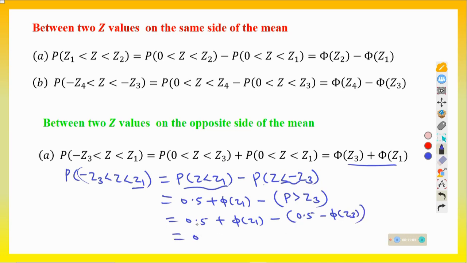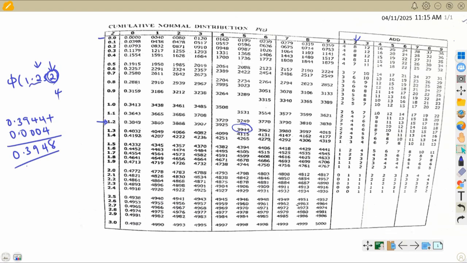Because this is 0.5 minus 0.5, the 0.5 will go away, so you remain with the table reading of z1, minus minus will be plus, the table reading of z3. So clearly you can see that is the same expression you will get here. This is a method which makes it easier to manipulate the expressions, whether they contain minuses or not.